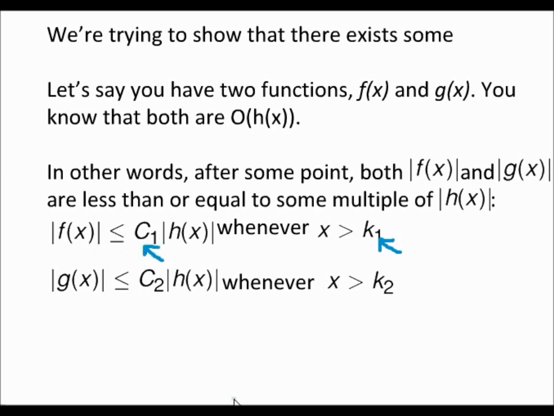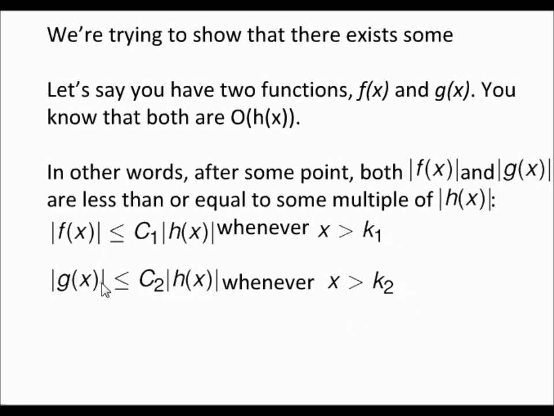Remember, we can introduce constants, it doesn't matter. This just follows from the definition of what it means for a function to be big O of another function. It means that it grows quicker. Basically these are saying that after some point, possibly two different points, my h of x is going to grow quicker than both f of x and g of x.